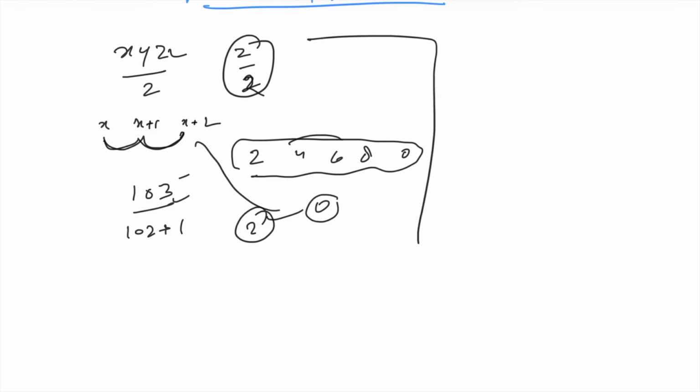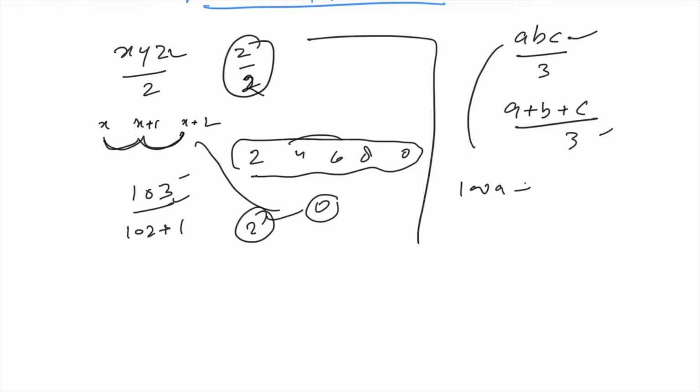And we can say the number is divisible by 2. What about the case of 3? We say when the summation of all the digits of the number is divisible by 3, we can say that this number is divisible by 3. Why so? If you carefully note, we can write this number as 100a plus 10b plus c, right?